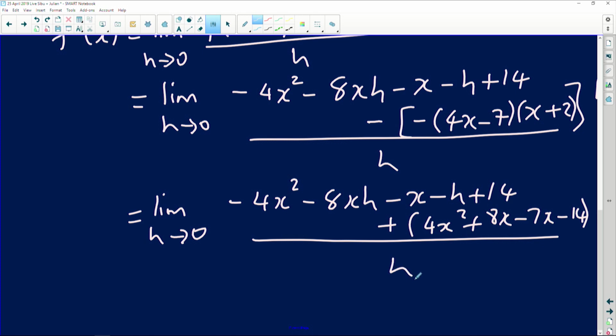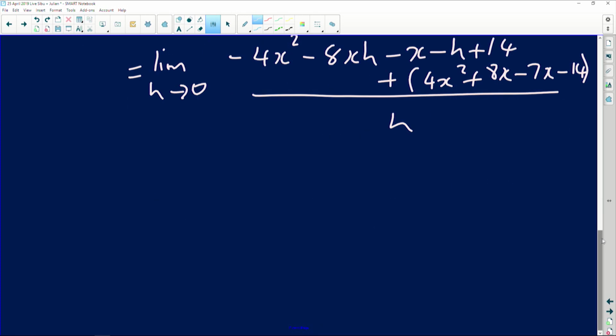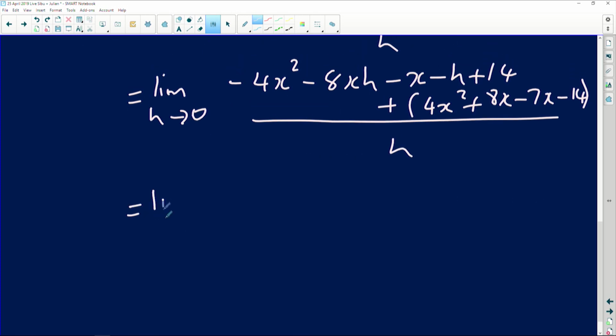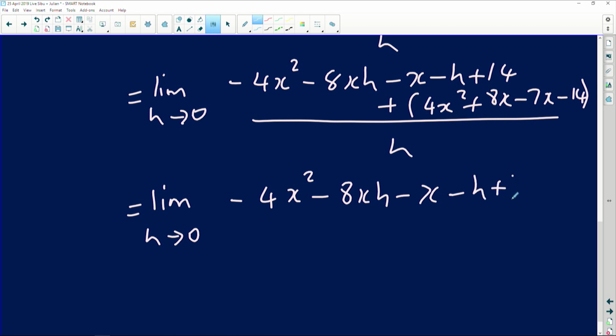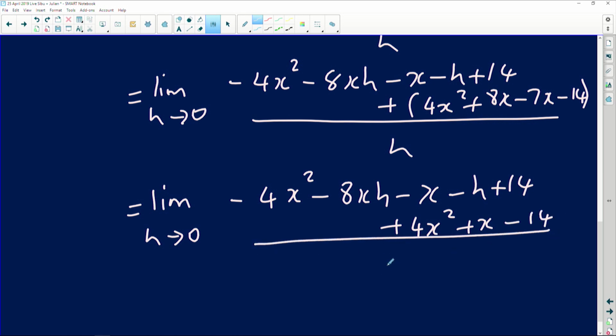Everything needs to be divided by h. If you simplify further, you'll now have the limit as h approaches 0 of minus 4x squared minus 8xh minus x minus h plus 14, plus 4x squared, 8 minus 7 will give us 1x, and then you still have your minus 14 there, everything divided by h.